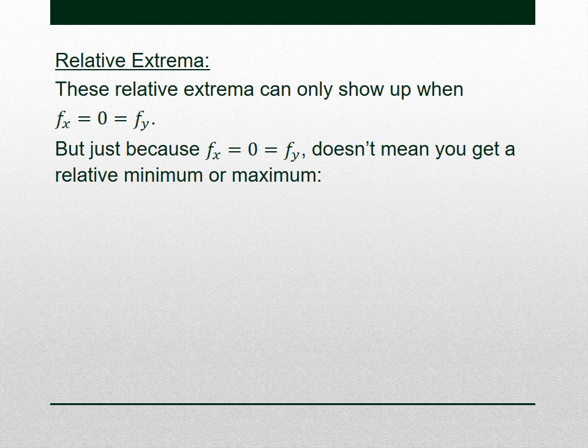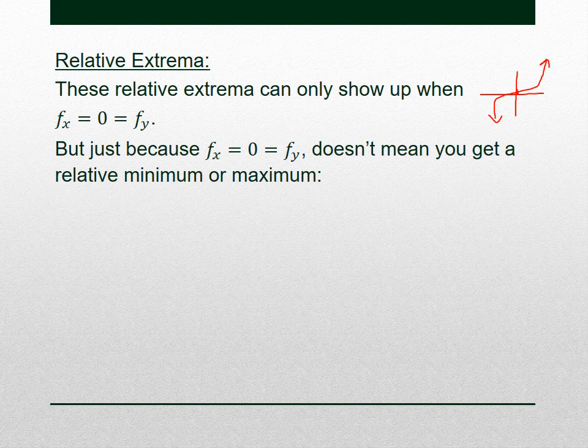And just like before, just because both partial derivatives are equal to 0, just because we have a critical value, doesn't mean you have to get a maximum or minimum. Remember back to our function of one variable case, if you looked at y equals x cubed, you could have a point at (0, 0) where it was a critical value, but it's not a relative maximum or minimum.